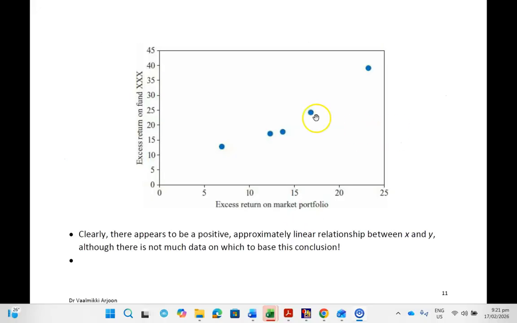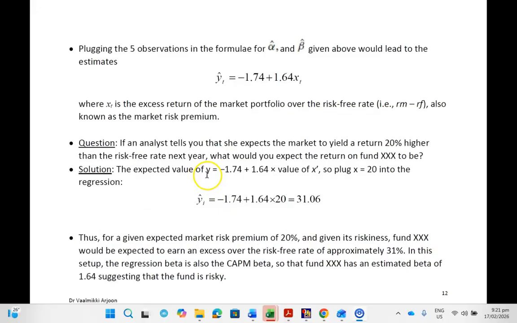So this will be the scatter plot of the data, and there's a positive, approximately linear relationship between X and Y. But there are only 5 observations to base this conclusion on. If we plug the 5 observations into the OLS formulas for alpha hat and beta hat, it gives you this particular output.